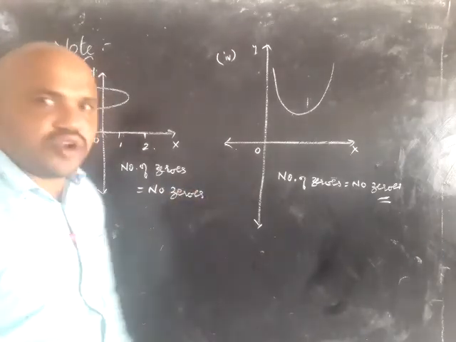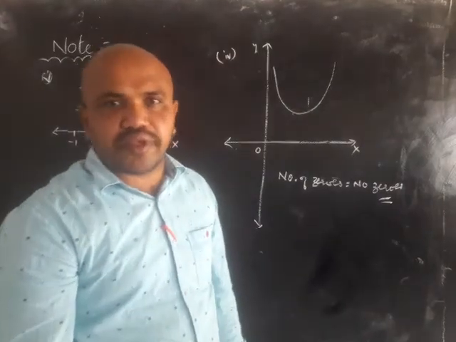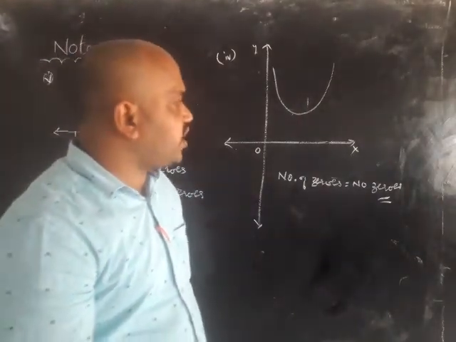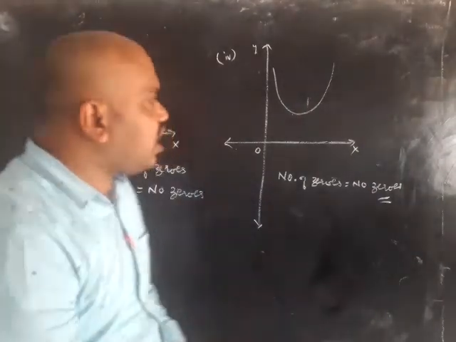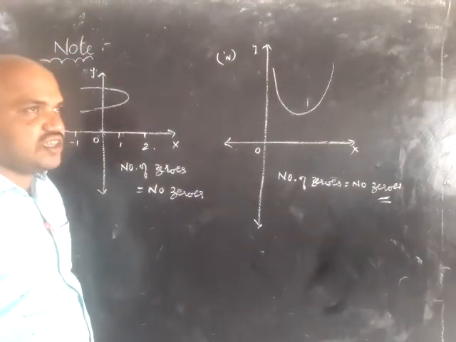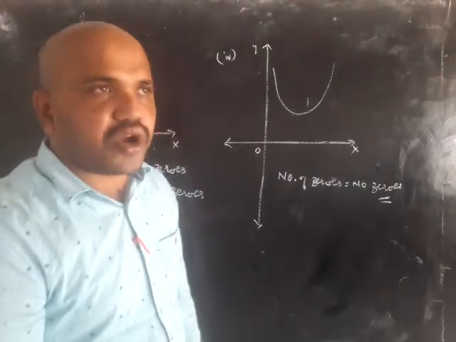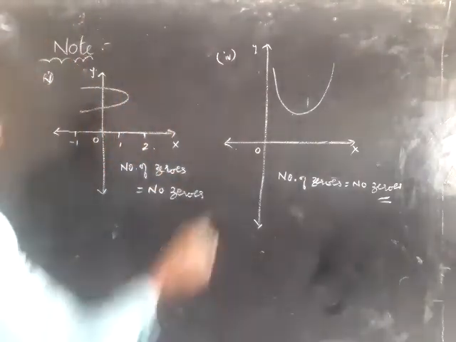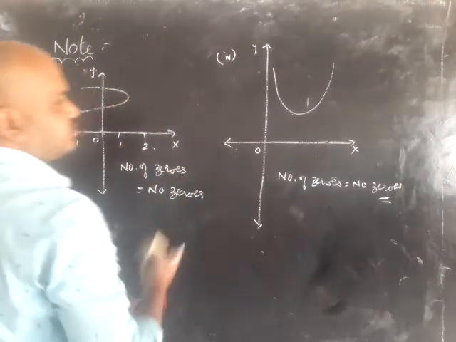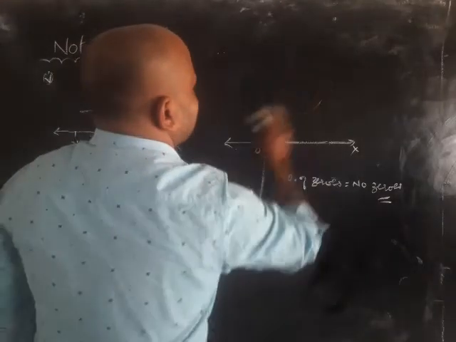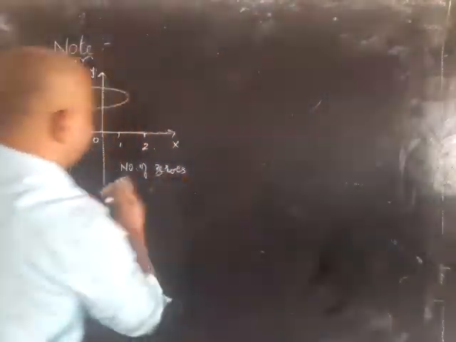Okay students, you got how to find the number of zeros from the graph, and how to write the zeros from the graph. Now we are going to discuss how to find the zeros for the given quadratic polynomials. Now see the example.